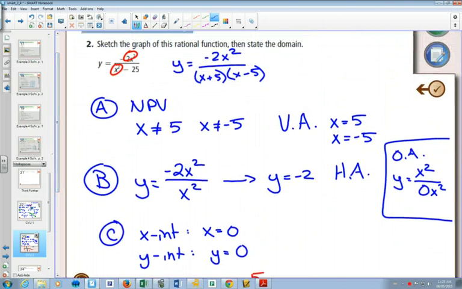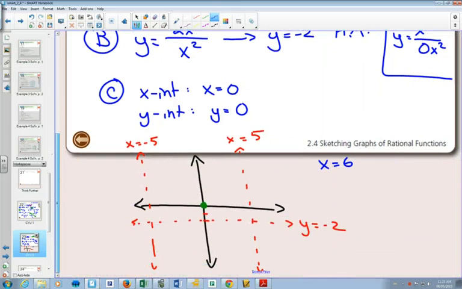Probably the easiest thing would be to look at our factored part here. On the top, I'm going to get -2 times 36. It's a big number. And on the bottom, I'm going to have 11 here and 1 there. -72 over 11, which is roughly about -6.5.